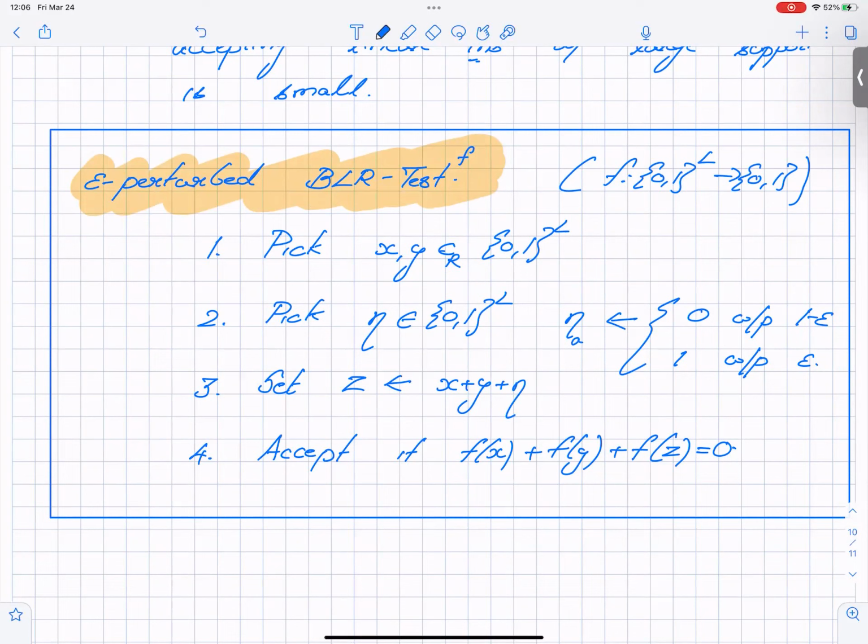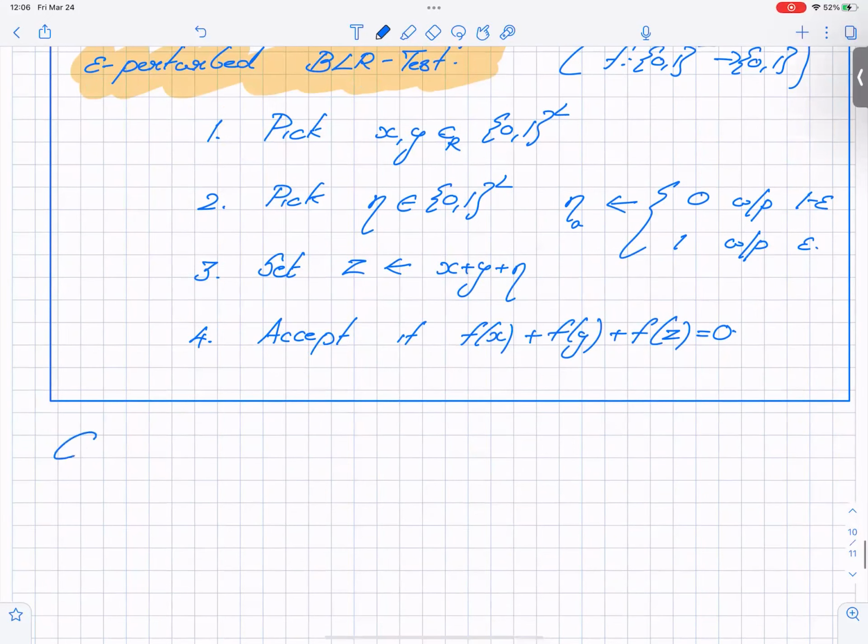Notice what's going to happen. Let's try to analyze what happens to dictators. What is the probability with which dictators are passed? 1 minus epsilon. It's the probability that that particular coordinate you don't flip. So that's the completeness of this test.